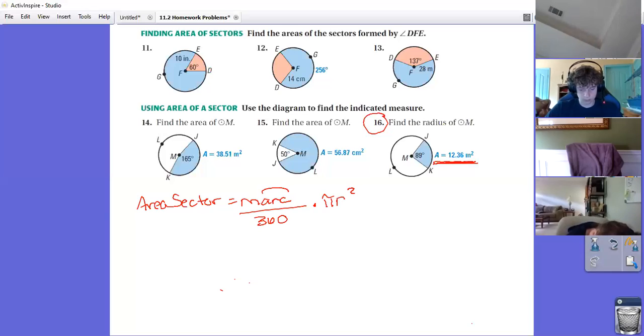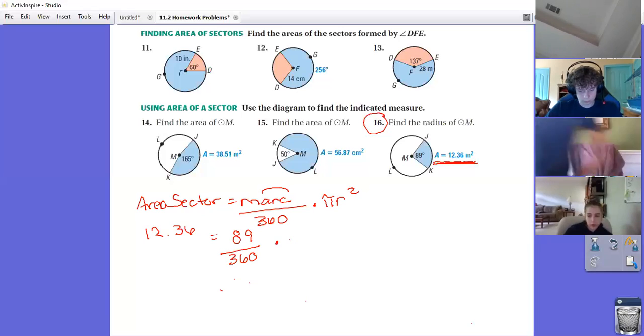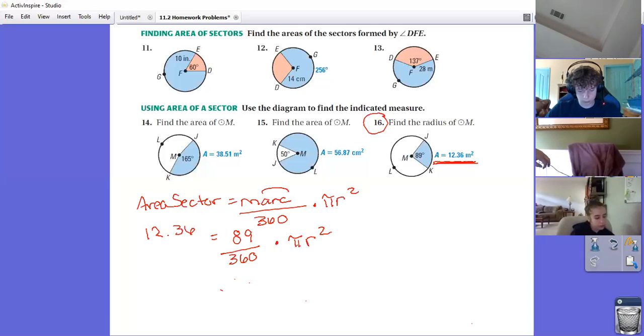So I'm going to use the information that I have. The area of the sector is 12.36, which is equal to 89 divided by 360 times pi r squared. For this one, I need to isolate r squared.